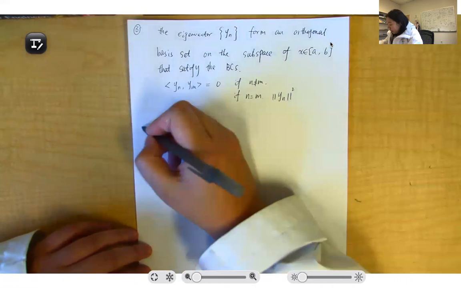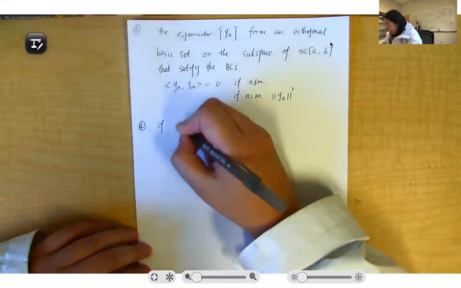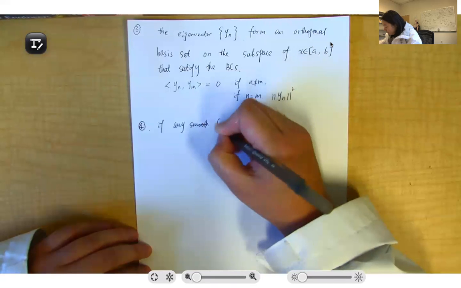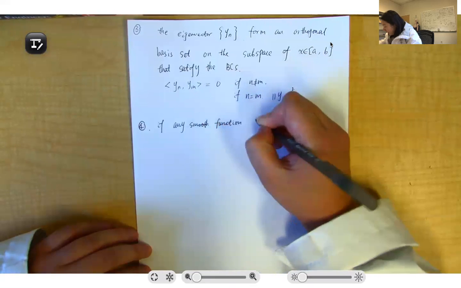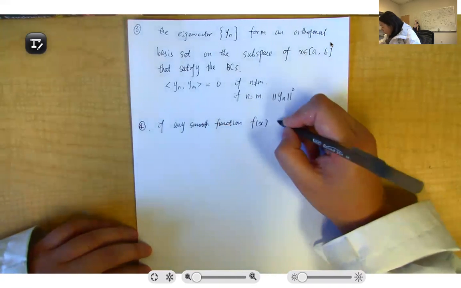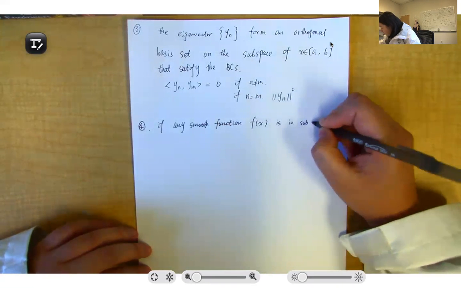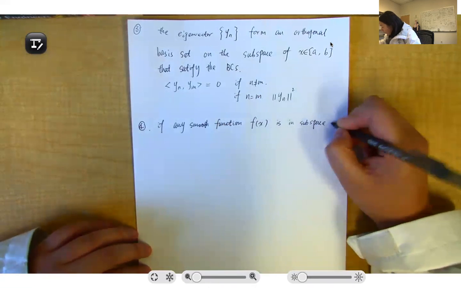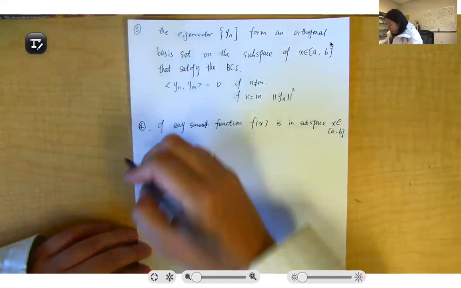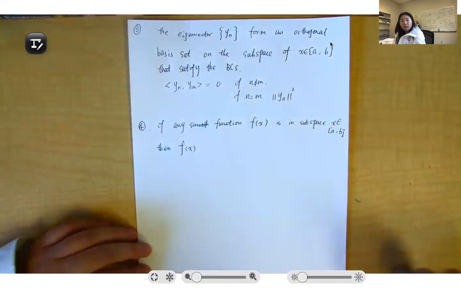Okay. The last property: if any smooth function f(x) is in the subdomain range, where your x is in between A to B, then this f function can be any function.